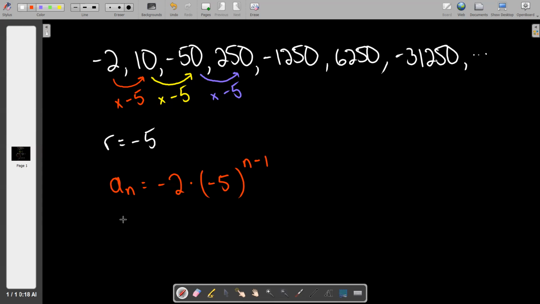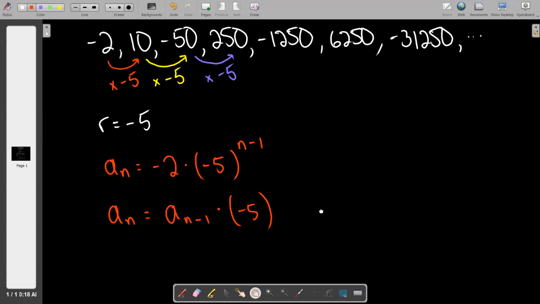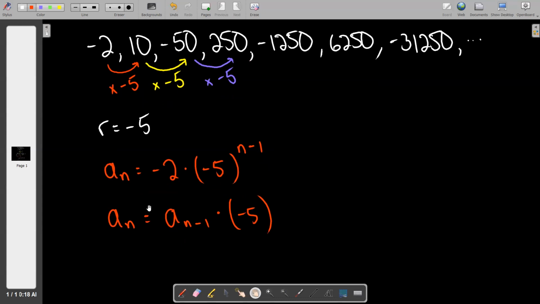So the next thing we have to do is find the recursive formula. And the recursive formula says what? Times -5. Good. So just continue to look back at your notes. Remember, we wrote down how to write a recursive formula.